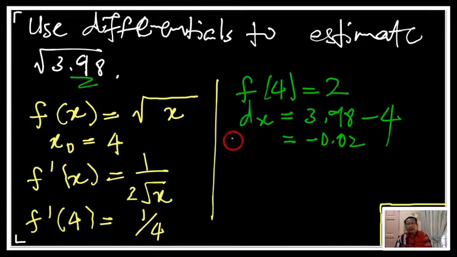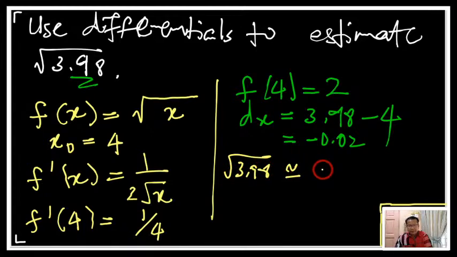Next, the square root of 3.98 is approximately equal to 2 plus 1 over 4 times minus 0.02.